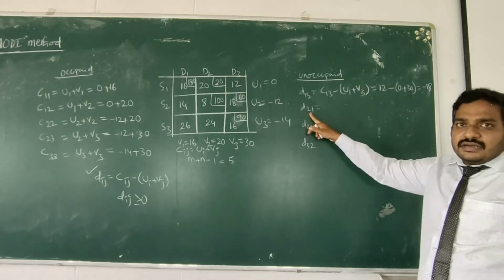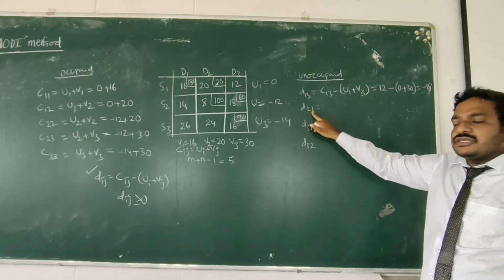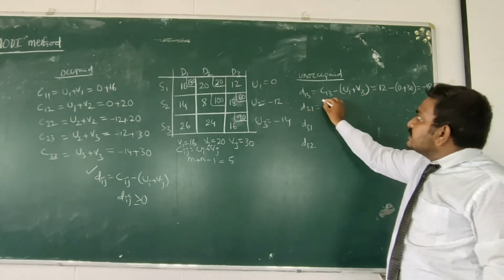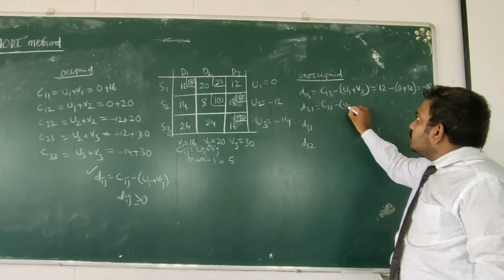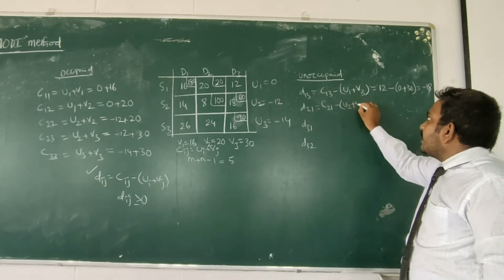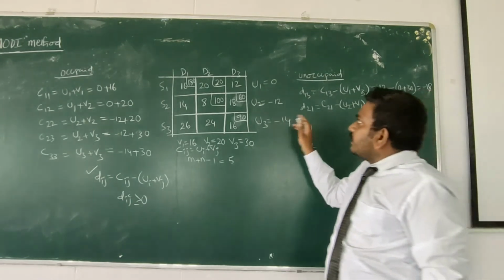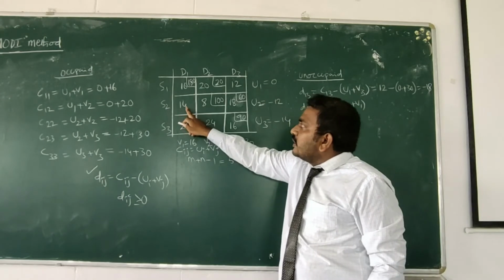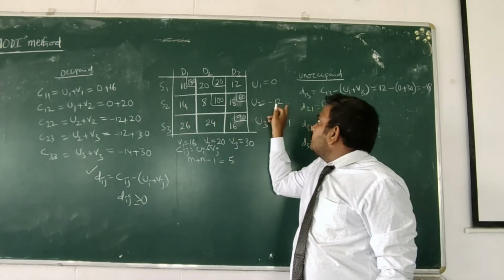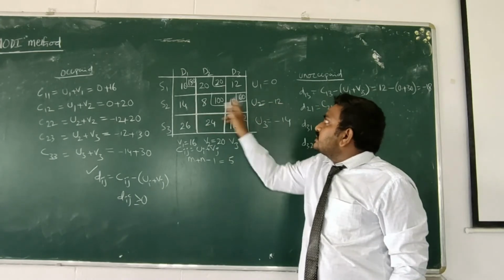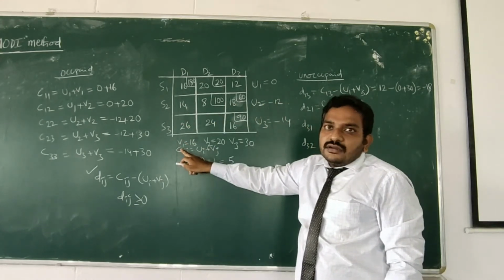You don't need to worry about remembering all these values. Remember the cell location 2, 1. That means C21 minus (U2 plus V1). Or simply look at that cell C21: the corresponding cost value is 14, the corresponding U value is this U2, and the corresponding V value is 16, this one.